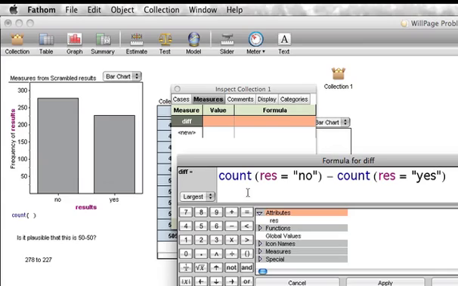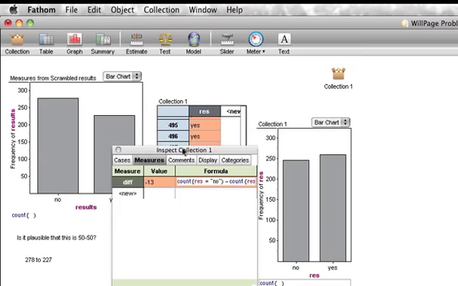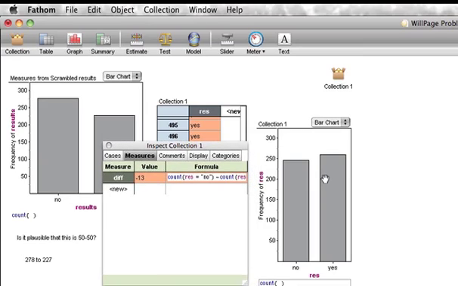So this count is a number of cases, not a sum or anything like that, minus this count. If I click this, in this particular case, I got negative 13. What's our test statistic? That's the number of no's here minus the number of yeses here, which is 51. So 278 minus 227 is 51.